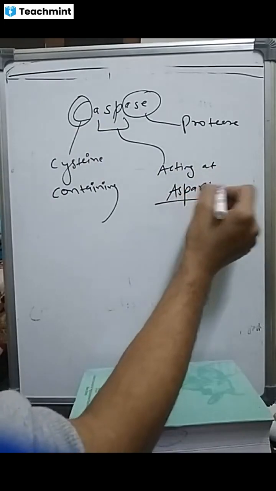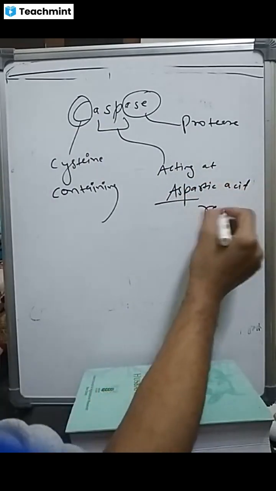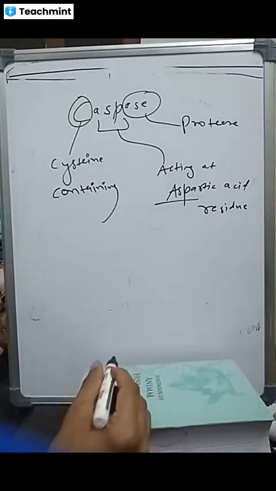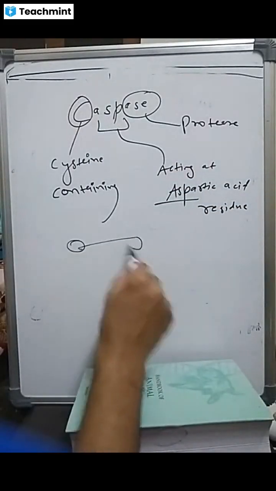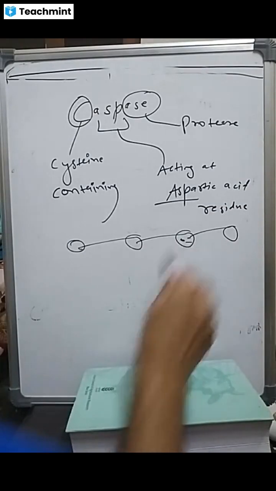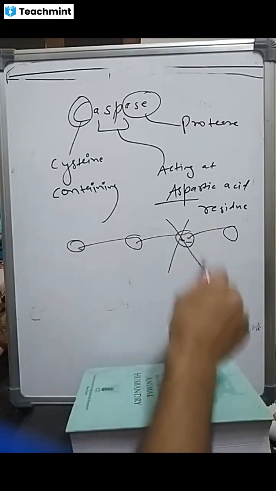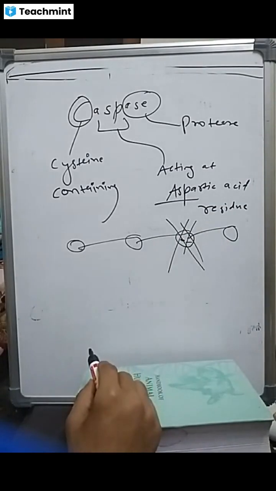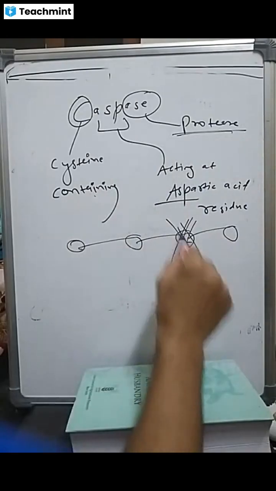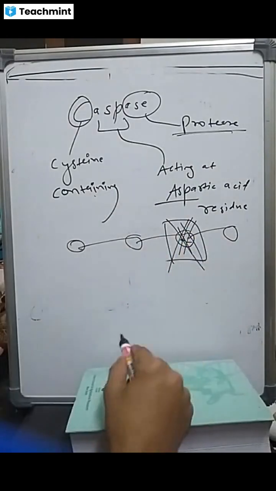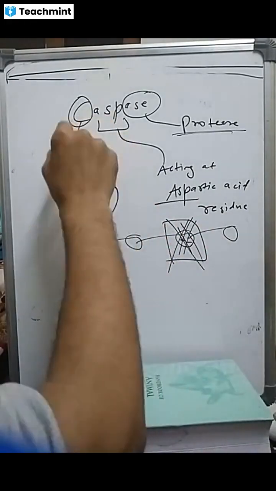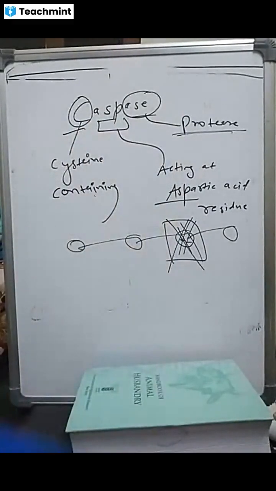ASP means aspartic acid residue. So if this is a protein chain and this is the aspartic acid residue, they will act at this place. These cysteine-containing proteases act at the aspartic acid residue and remove that piece away.